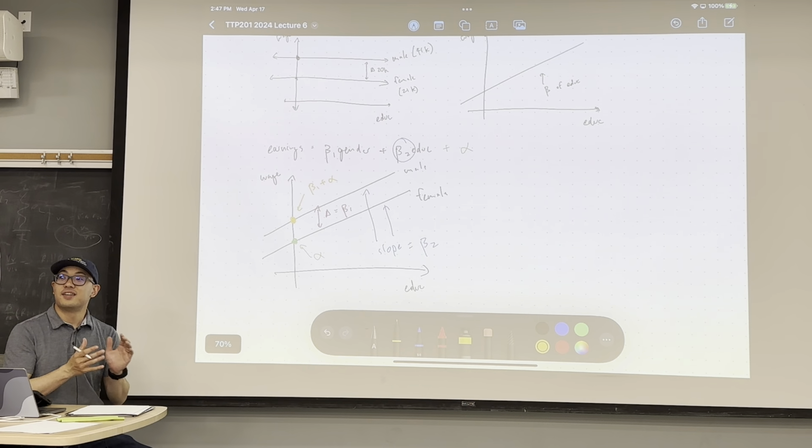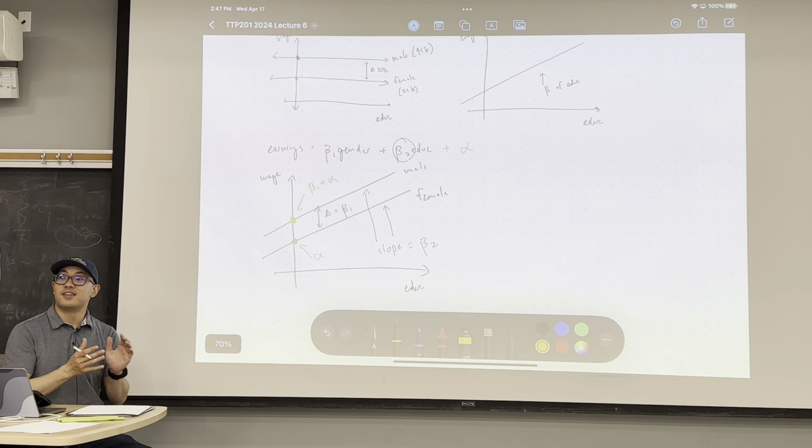Any questions? This is the most important concept for this class, so if you're confused, speak up. Okay, so this part, you guys don't need to follow along.